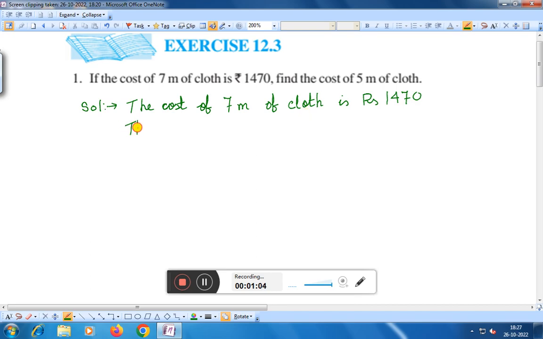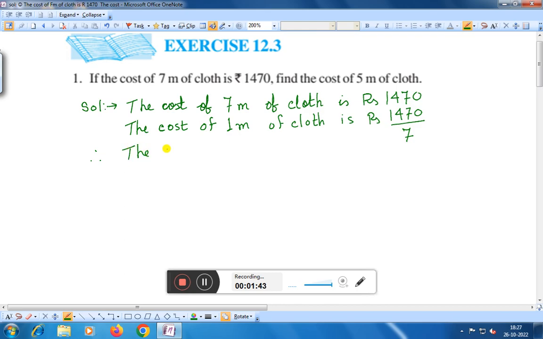The cost of 1 meter of cloth is rupees 1470 by 7, right?